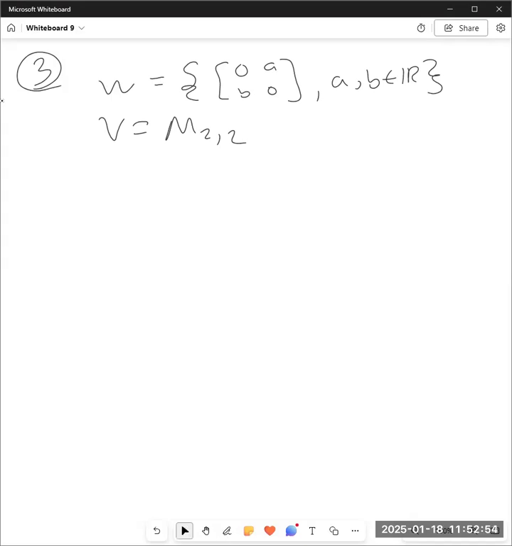I see that it's non-empty because it contains the 0 vector, so we can say it's a non-empty subset of V.